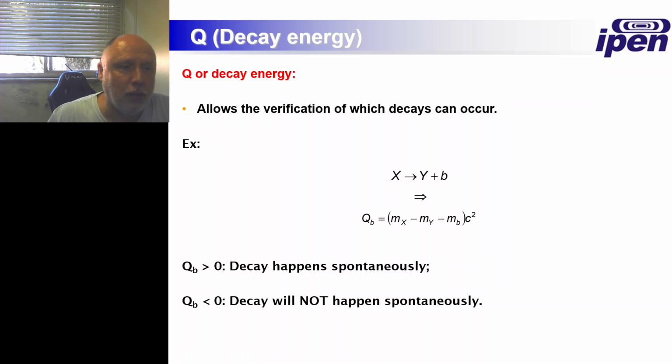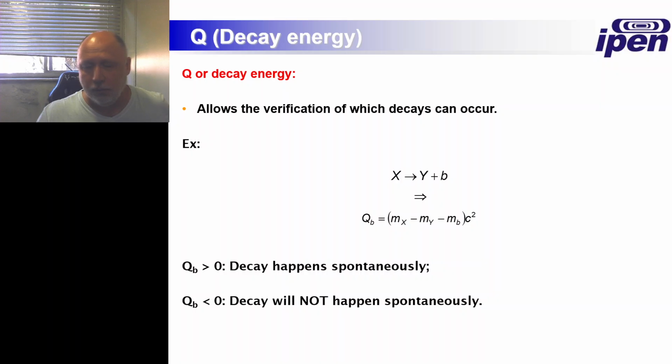We should be consuming energy. We are not diminishing the mass, we are increasing the mass. That's not what decays are bound to do. So this decay will not happen. Why? Because there's no energy available for that, right?